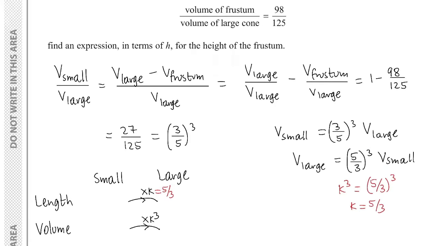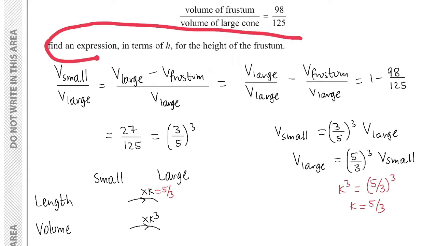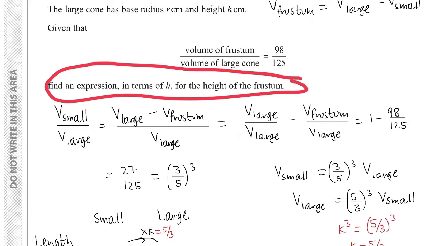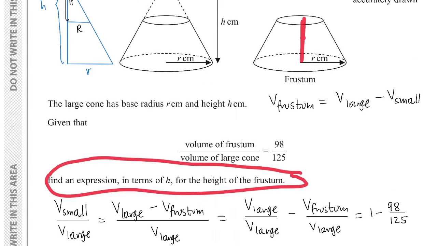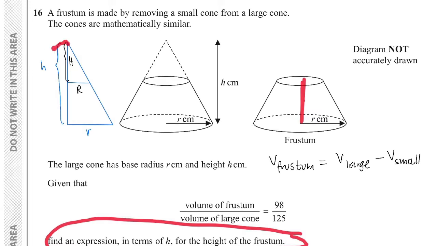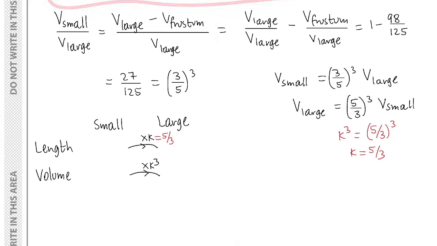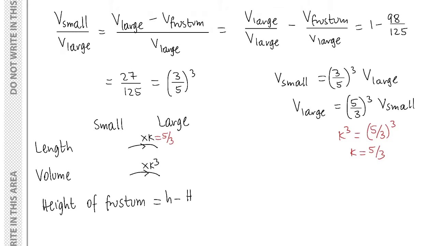Now, the question is asking for an expression in terms of h for the height of the frustum. The height of the frustum here is simply the small h minus the capital H. Now we know that the height of the small cone is capital H and the height of the large cone is small h.